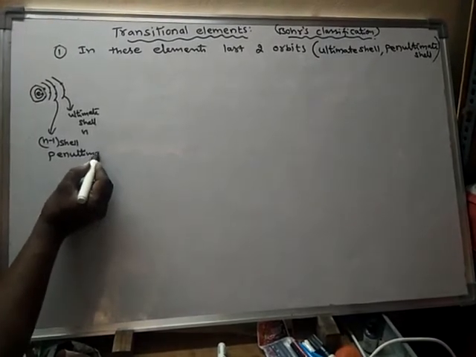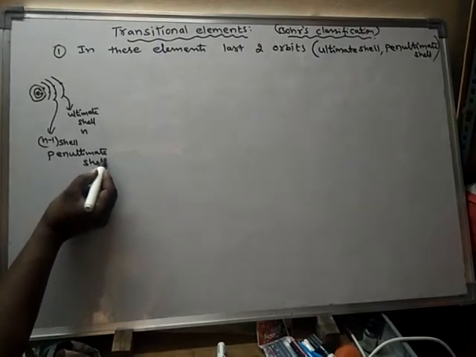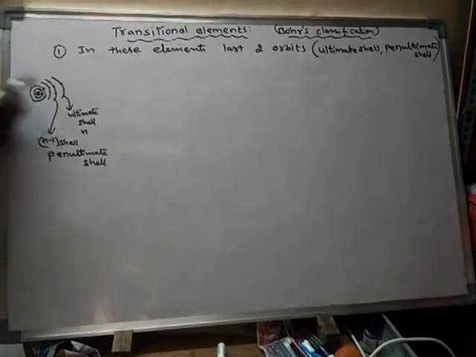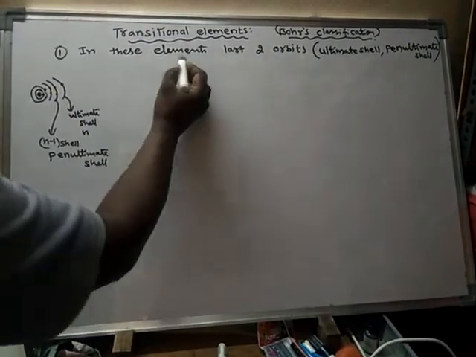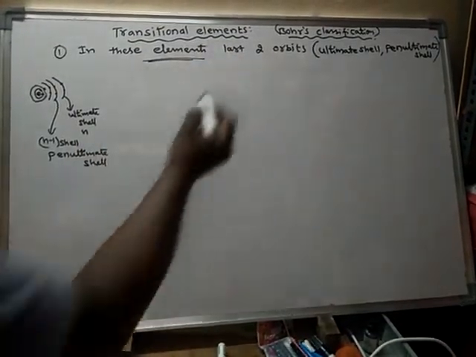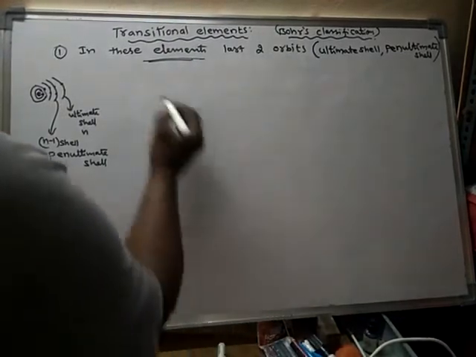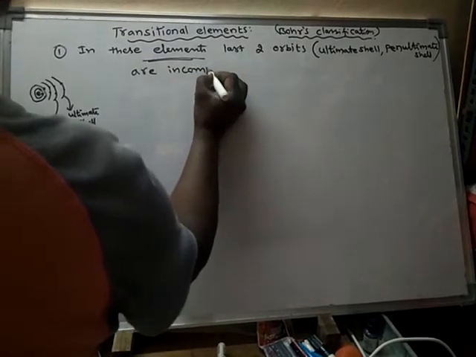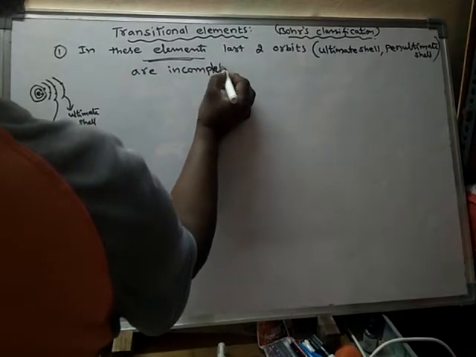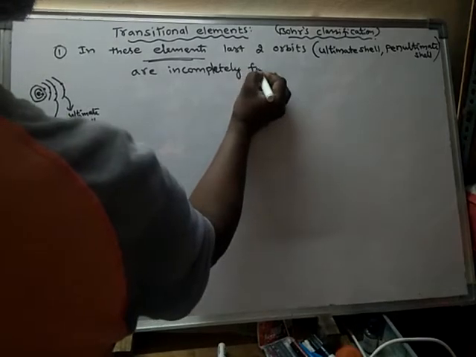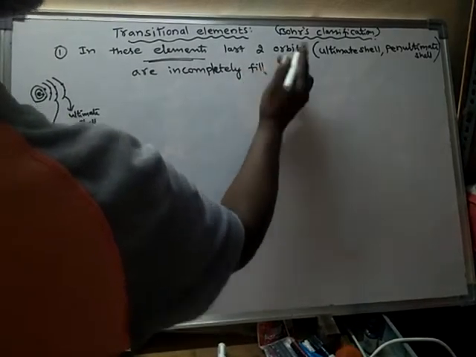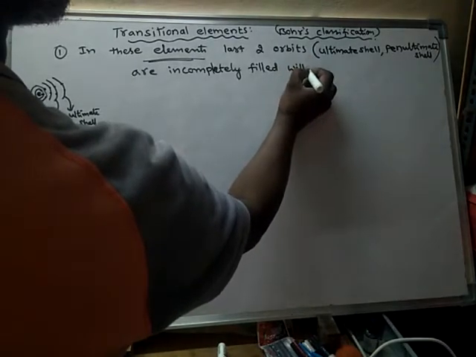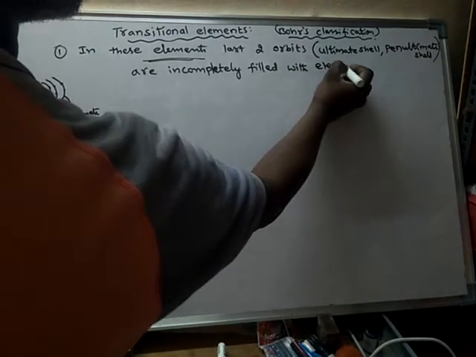These are the last two shells, the last shell and the last but one shell. So in transition elements, the last two orbits or last two shells are incompletely filled with electrons.